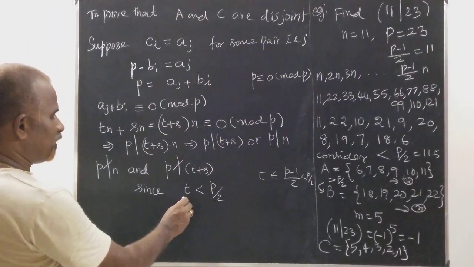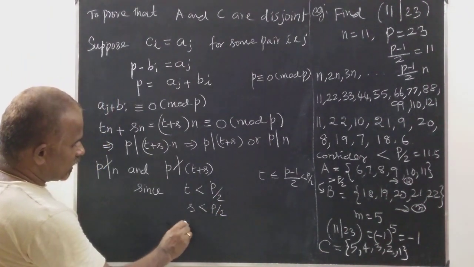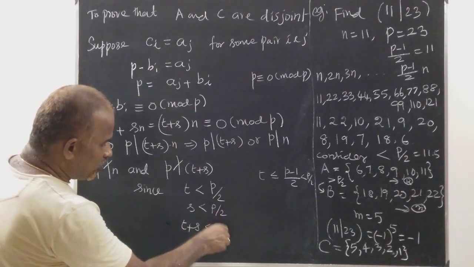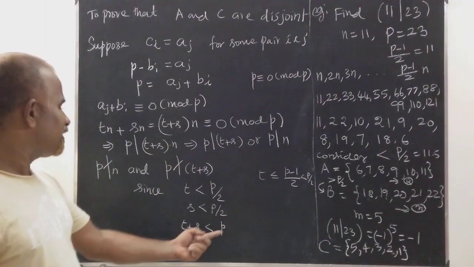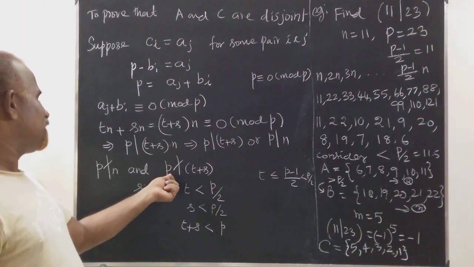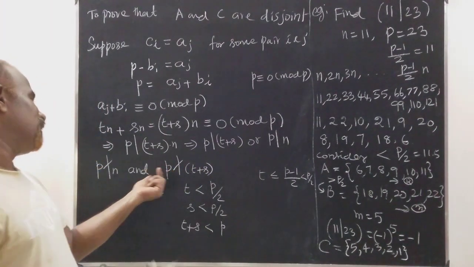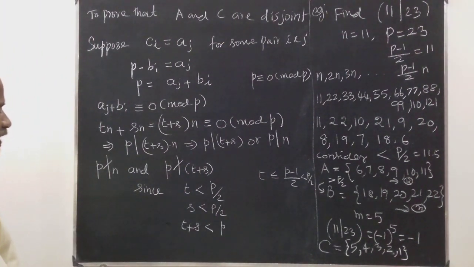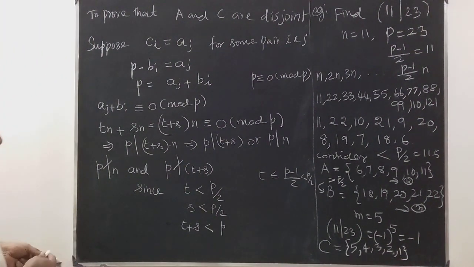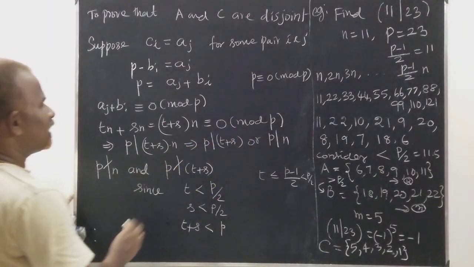T is less than P by 2 and S is less than P by 2. Therefore T plus S is less than P by 2 plus P by 2, that is P. But P is a big number, T plus S is smaller than this. So therefore definitely P does not divide T plus S. So therefore it is impossible. This congruence is impossible.